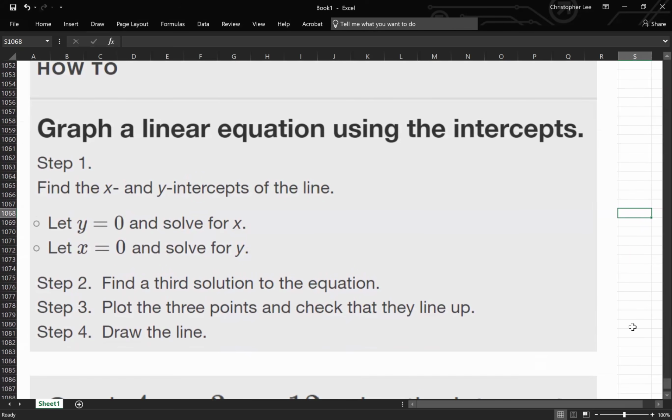Step 1, find the x and y intercepts of the line, right? Let y equal 0, solve for x, right? Let x equal 0, solve for y. Step 2, find a third solution of the equation. You only need 2 to do it, but you could find a third one just to be sure of what you're doing, right? Step 3, plot the 3 points and then check that they line up, draw the line. Same thing that we did before, all right?